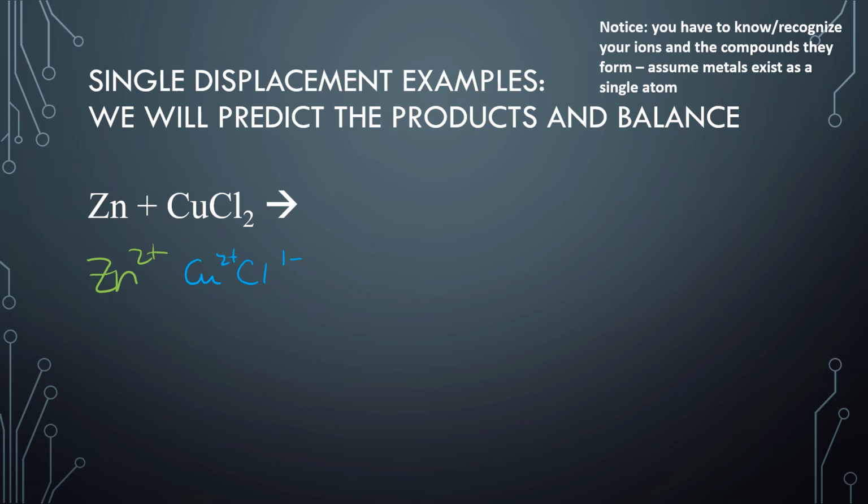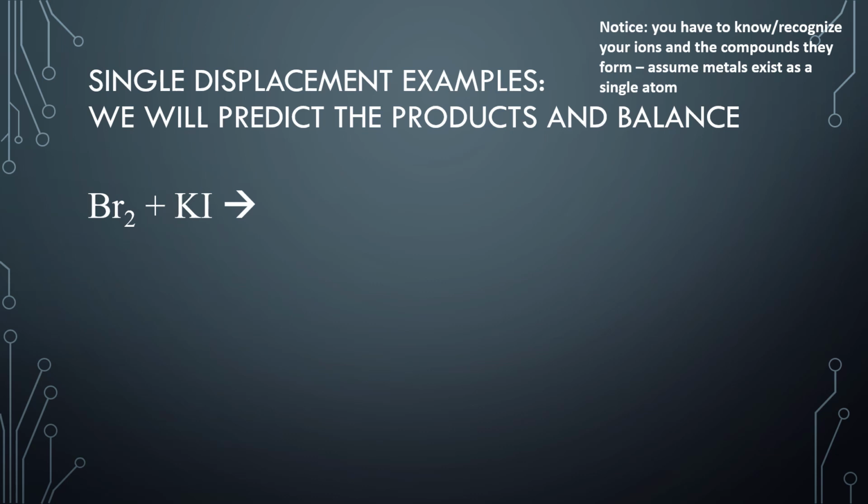So the Zn will kick off the Cu, and your new products are going to be Zn 2 plus and then Cl 1 minus, and then copper will be by itself. So my first new product is ZnCl2 plus Cu. It is not a diatomic element, so it's not going to go with 2 automatically. And it's 1, 1, 1, 1.